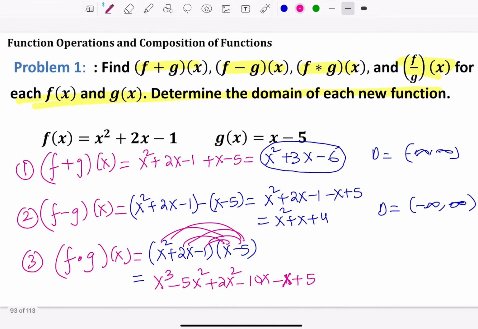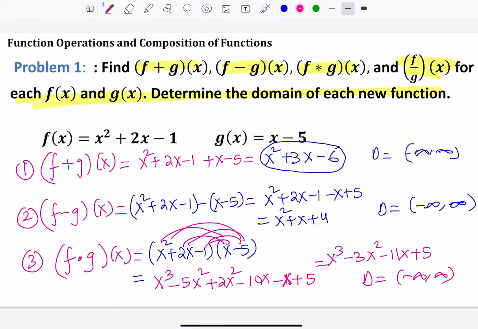Combining the like terms, we get x to the third minus 3x squared minus 11x plus 5. And the domain, again, will be all real numbers from negative infinity to positive infinity.